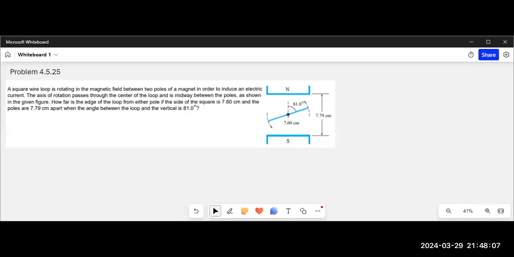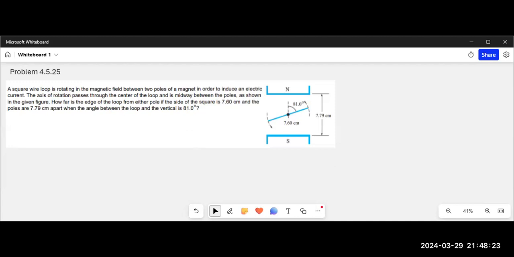The axis of rotation passes through the center of the loop and is midway between the poles as shown in the given figure.